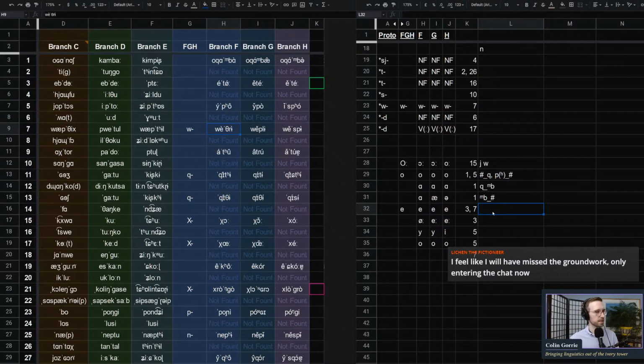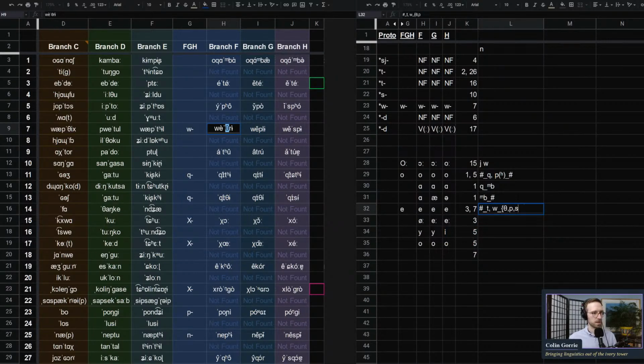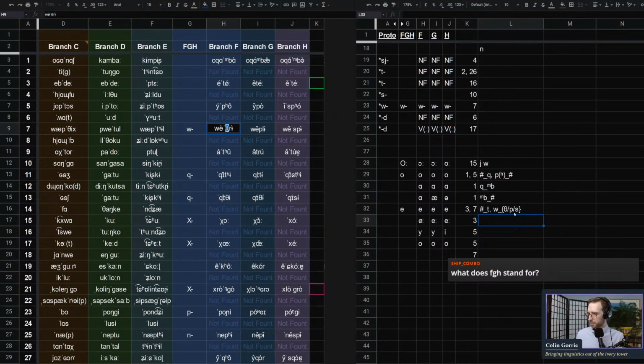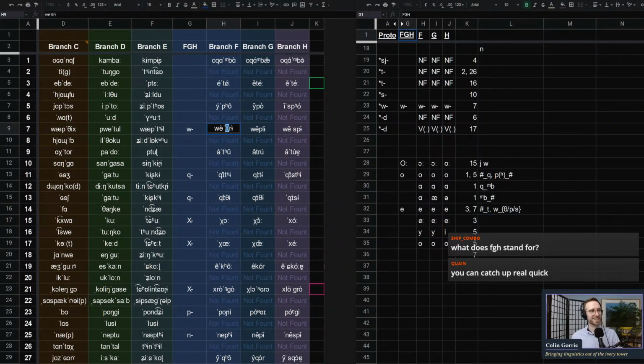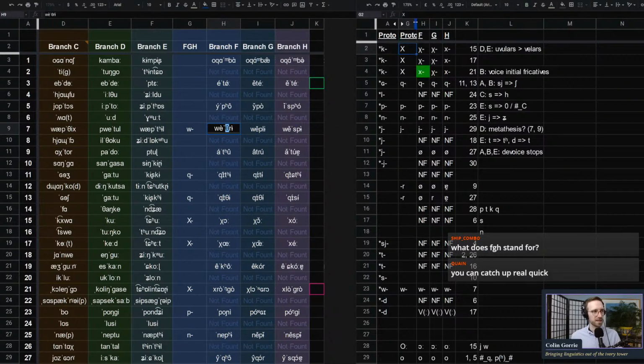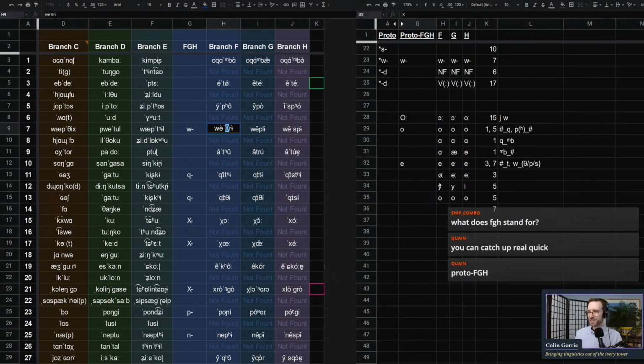Here it is word initial before T, and also between W and something. Oh, FGH stands for proto-FGH, the ancestor of these three languages alone.